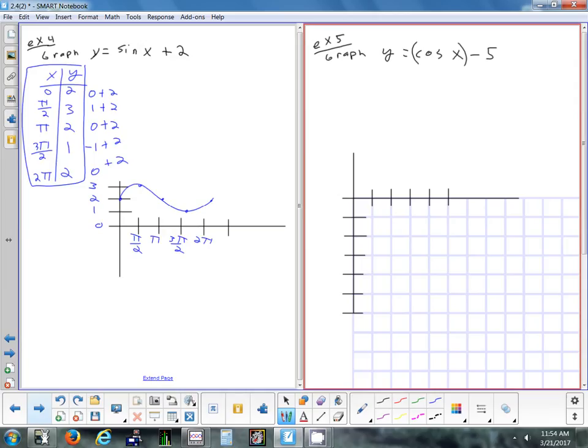Nothing. Yeah, it means absolutely nothing, unless I put parentheses around the x and the 5 together. Okay, if I did this, that totally changes the problem. Okay, so take a couple minutes and see if you can graph example 5, or at least get the table, and then we'll go over it together.